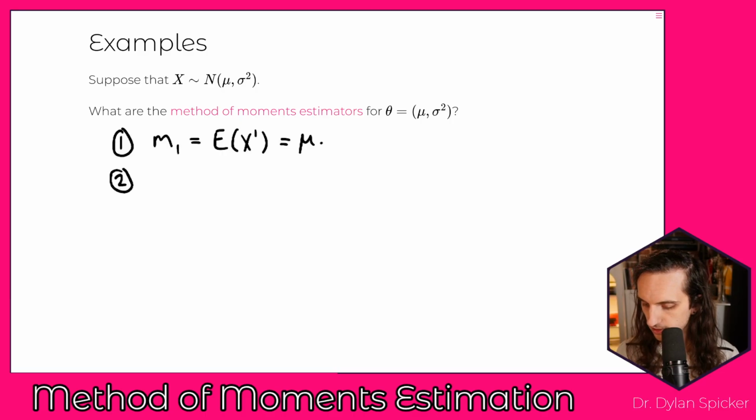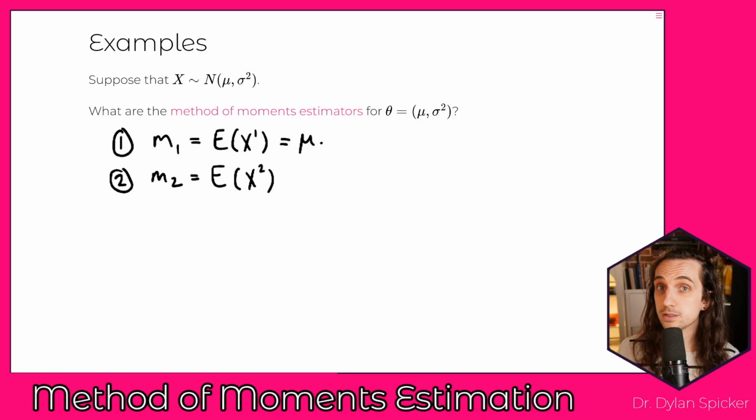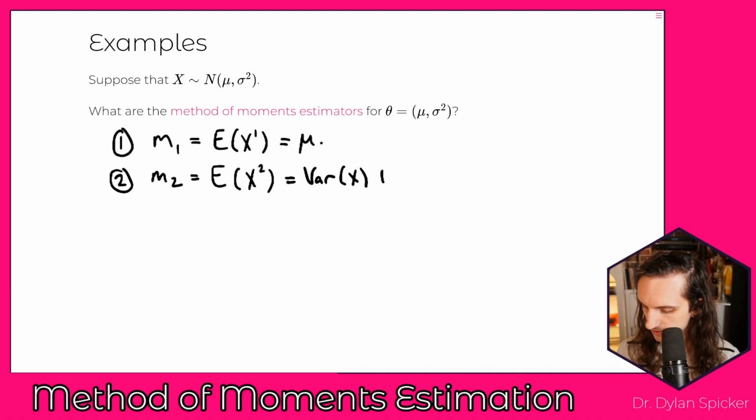Our second equation, we can find m2. m2 is going to be the expected value of x squared. And now, importantly, this is not going to be the variance of x, but instead this is going to be the variance of x plus the mean squared. And why do we get that?